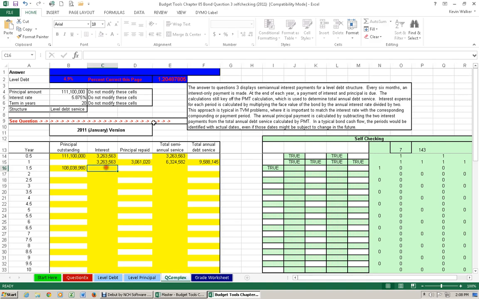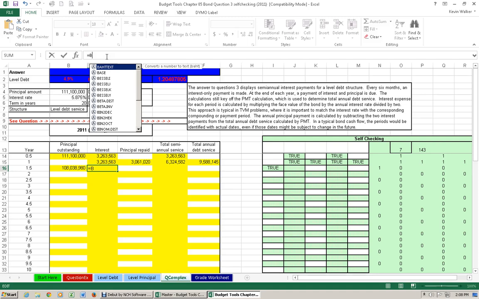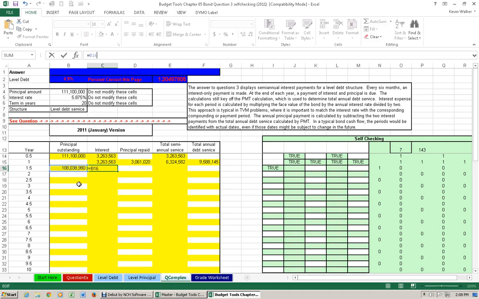Interest is, again, with the equals, it's going to be B16, which is our principal outstanding, times our interest rate, which is B5.